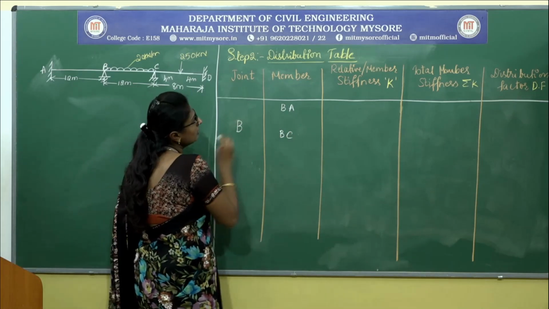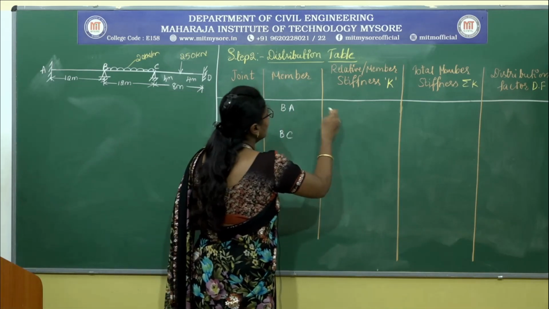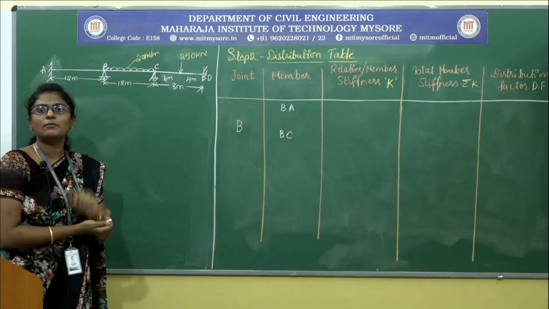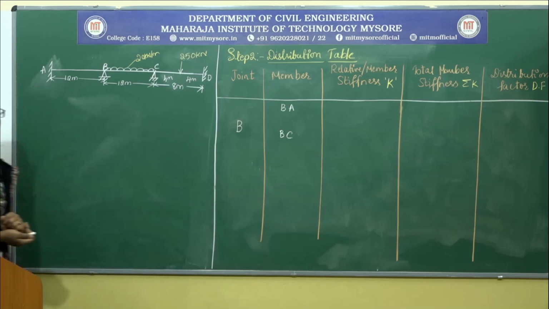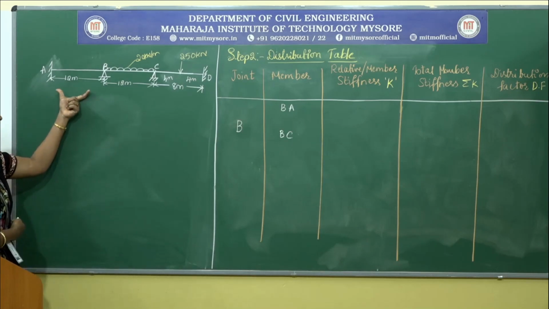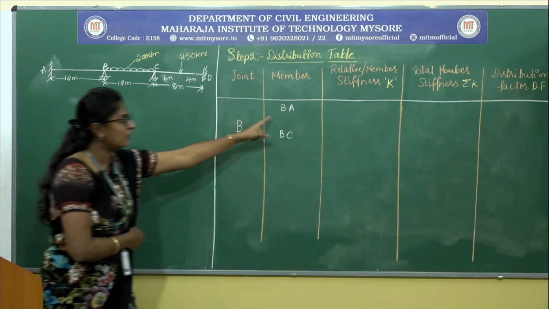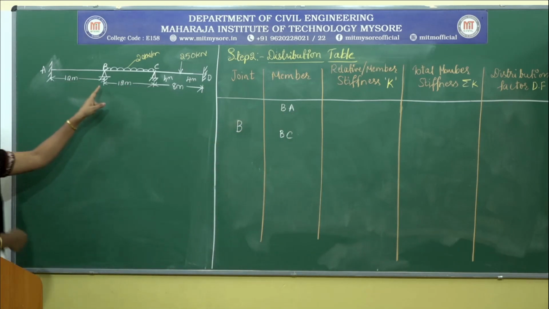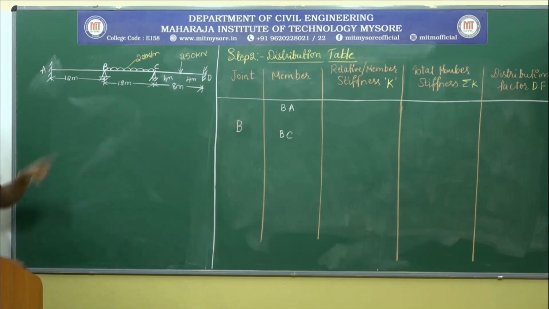For BA, what is the relative stiffness? That is K. For a member BA, B is considered as the near end and A is considered as the far end.